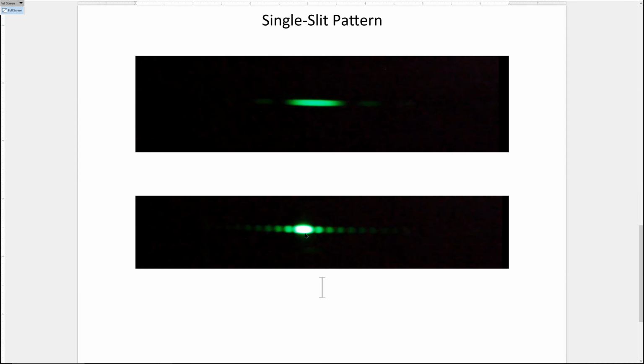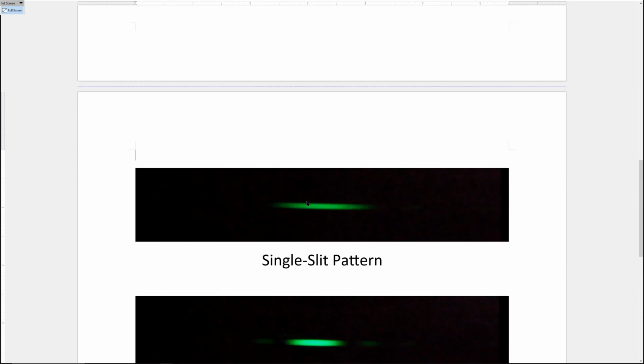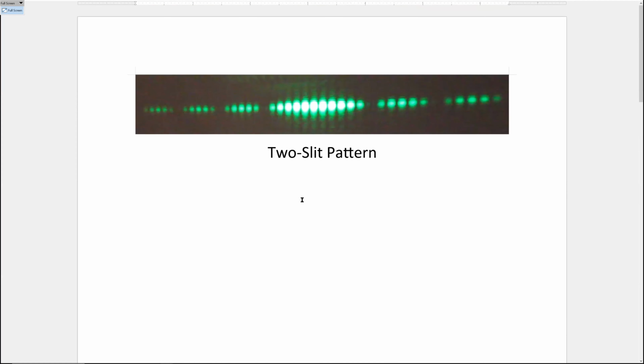This is a single slit pattern, got a bright central maximum, fades to nothing more or less, then it comes back, fades to nothing again, comes back, fades to nothing, and so forth. And when we go back to that two slit pattern we saw, we can start to understand what's happening here, that the single slit diffraction pattern, is what we call those, is overlaid on top of the two slit pattern.